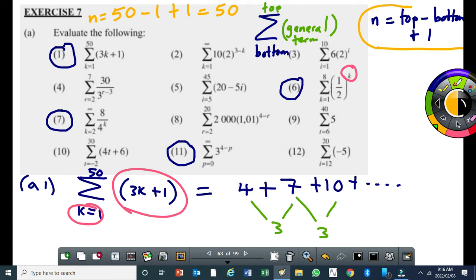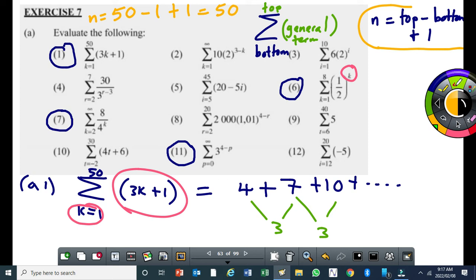Now, if you want to find the sum of these 50 terms, you have to expand the sigma notation. By expand, we mean substitute the values of k. Only 3 values are fine, so that you can determine the first, second, and third term. If I substitute k equal to 1, 3 times 1 is 3, plus 1 you get 4.